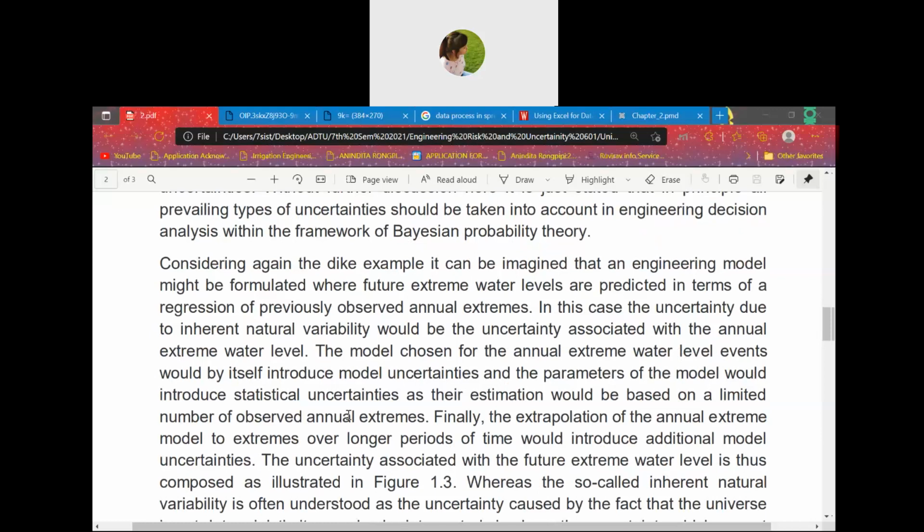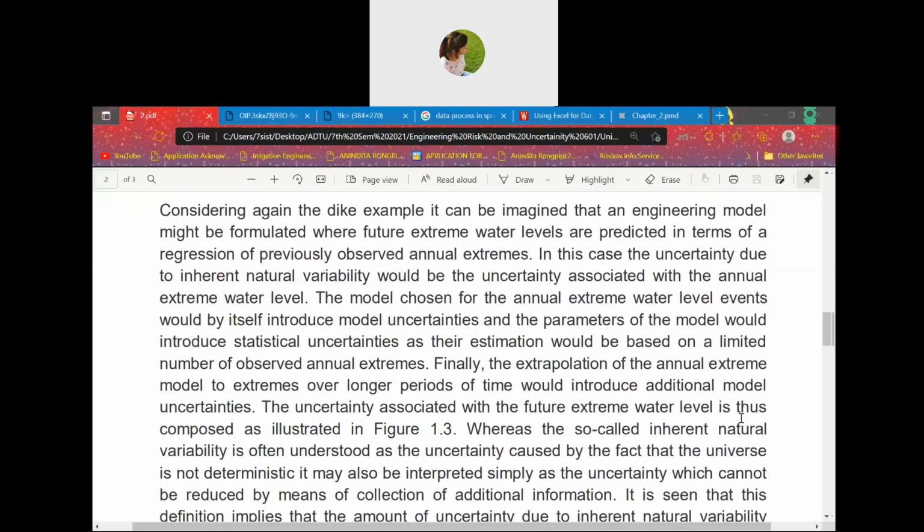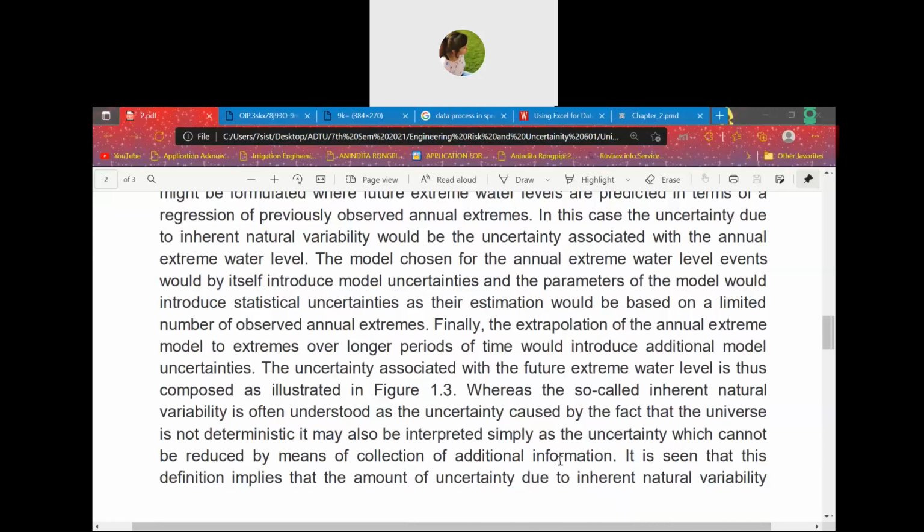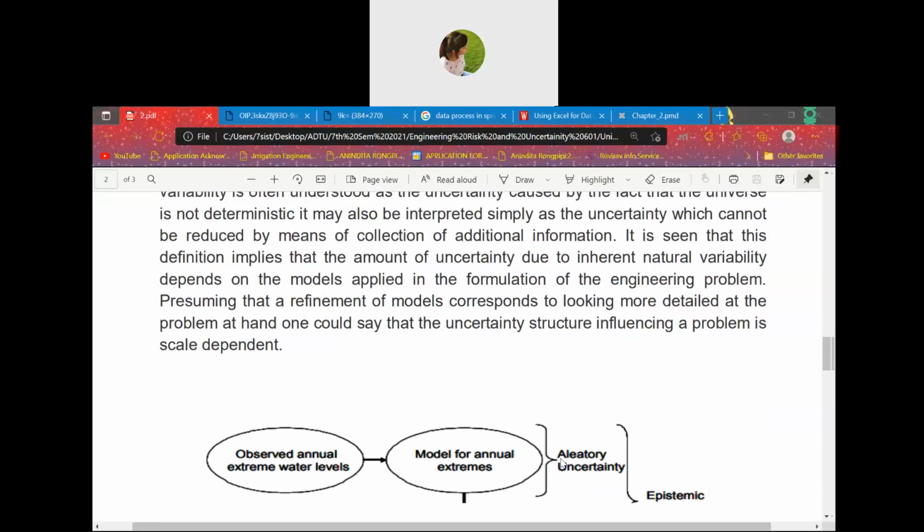Finally, the extrapolation of the annual extreme model to extremes over longer periods of time would introduce additional model uncertainties. So the uncertainty associated with the future extreme water level is thus composed as illustrated in figure 1.3. This is your figure 1.3, an illustration of uncertainty composition in a typical engineering problem.